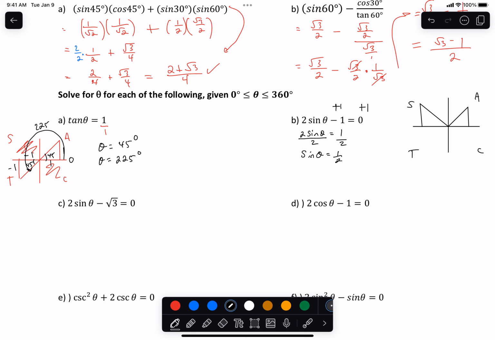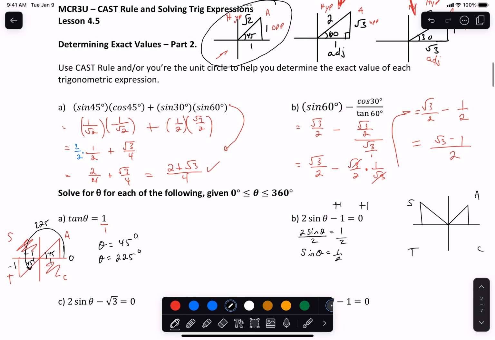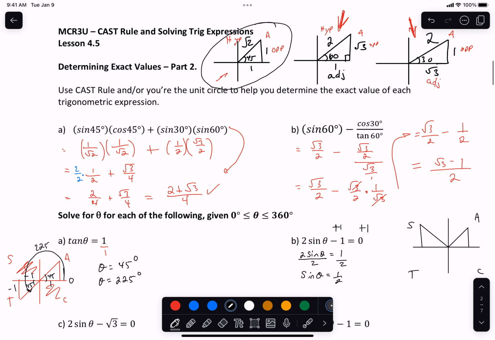So now you get to figure out which of the 3 triangles we're going to use, but we know it's not going to be the 45, because I need a 2 in the denominator, which corresponds to the hypotenuse, which corresponds with sine.